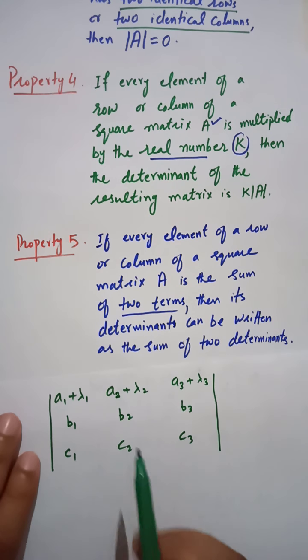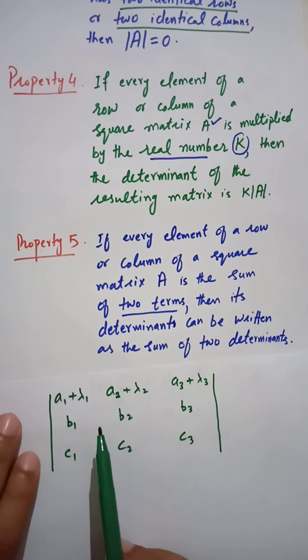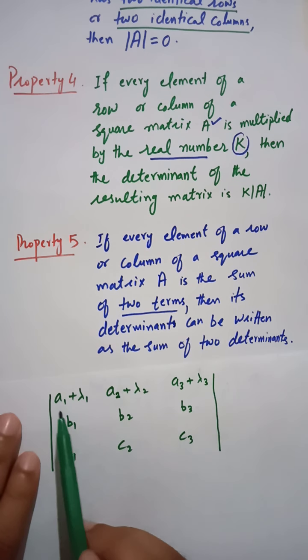So you see that the first row has elements which are already written as the sum of 2 elements.